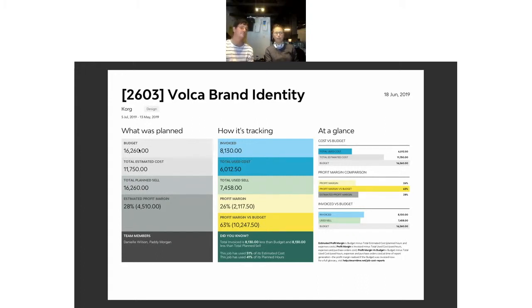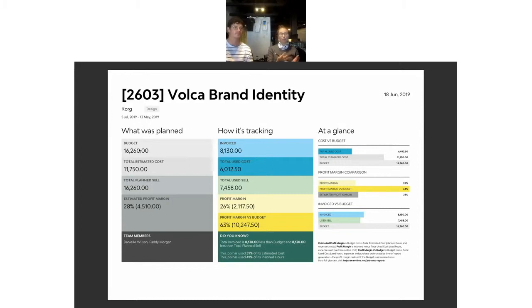Yeah. And the last one is we introduced the profit margin versus budget. So this one is a tricky one. It took me a bit of time to understand, but I got it now. And it's really useful too, because the way we calculate it is we take the budget minus total used cost at the time of the report generation.